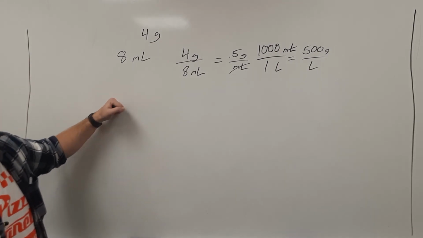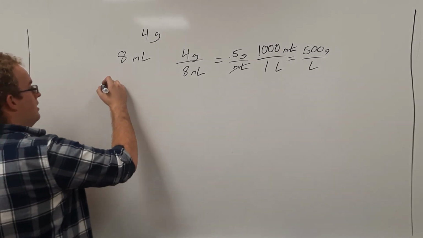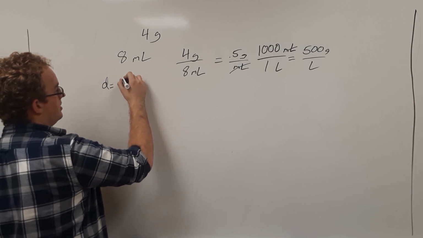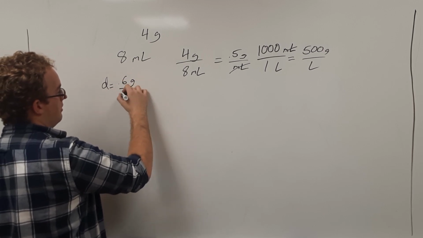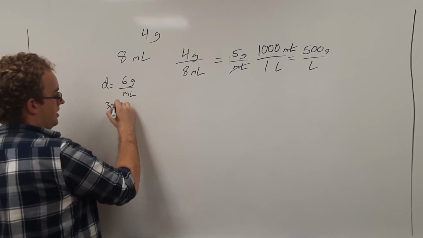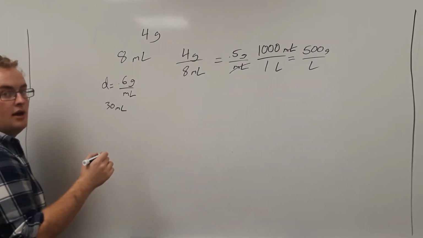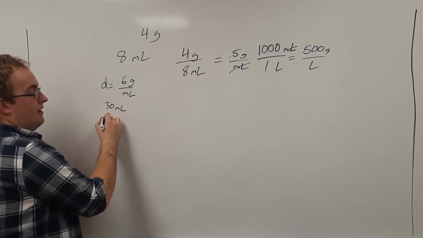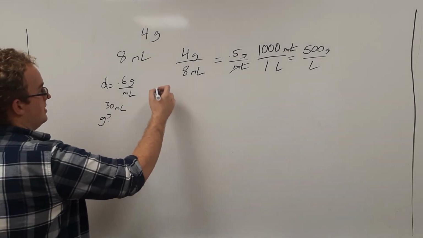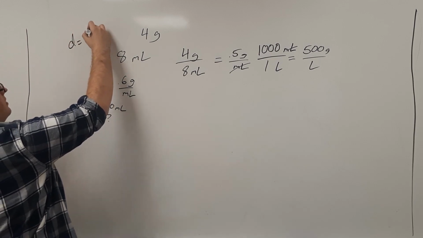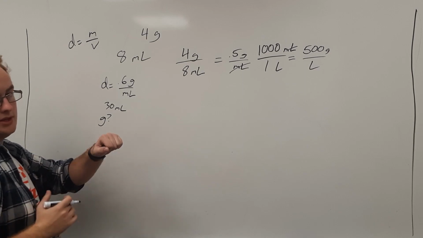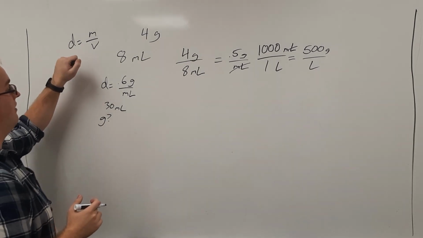Now we could also have a different problem, like let's say the density of a certain substance is 0.6 grams per milliliter. You have 30 milliliters of something. How many grams of it do you have? Okay, then we could look at this equation that we wrote down earlier, D equals M over V, and we could just rearrange this so that we can solve for whatever we want.